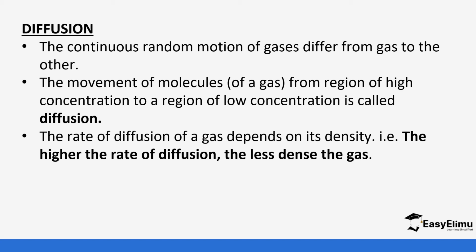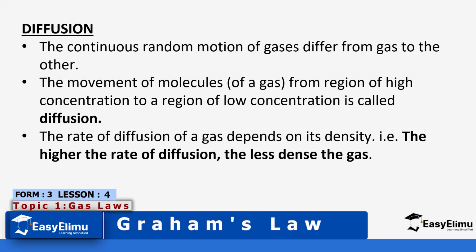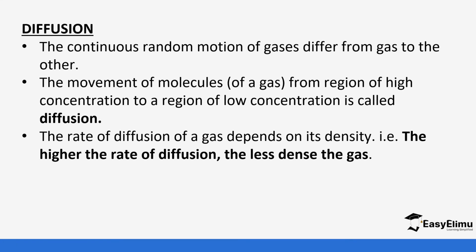So we say that substances that are very light usually diffuse at a very high rate of diffusion. They move faster. Substances that are very heavy do not move that fast. If you compare dust particles, the small particles, with air particles, you notice the way they move from one place to the other in the room is at a different rate.